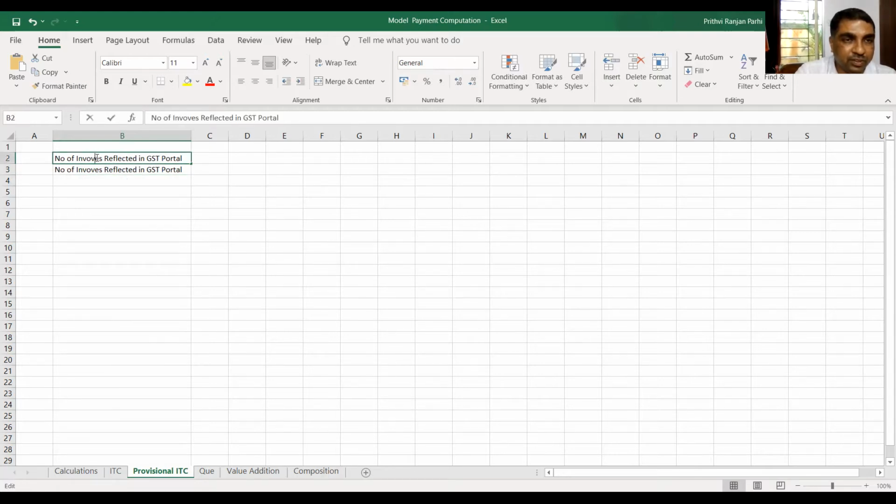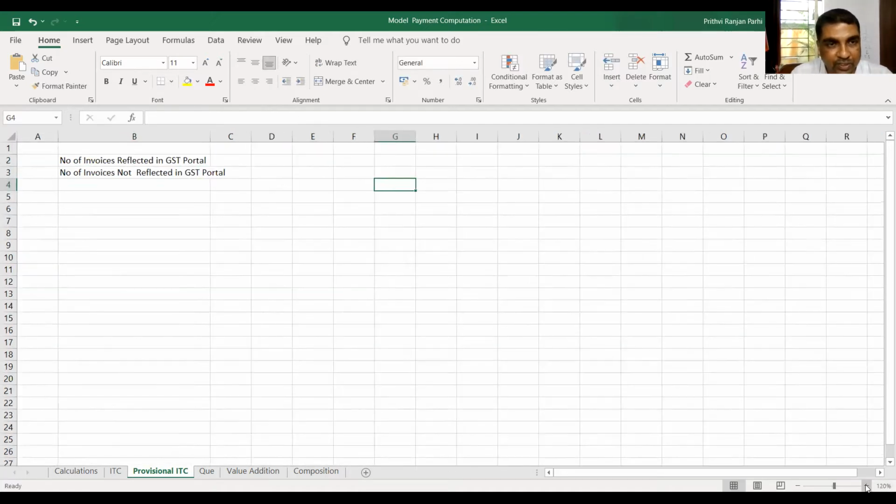Sorry, invoice. Number of invoices. Second is not reflected. Are you getting it? Are you able to see it? Let me increase the font size.